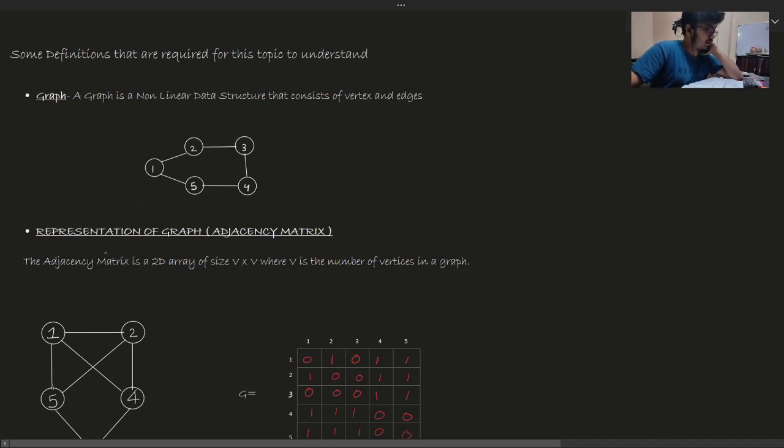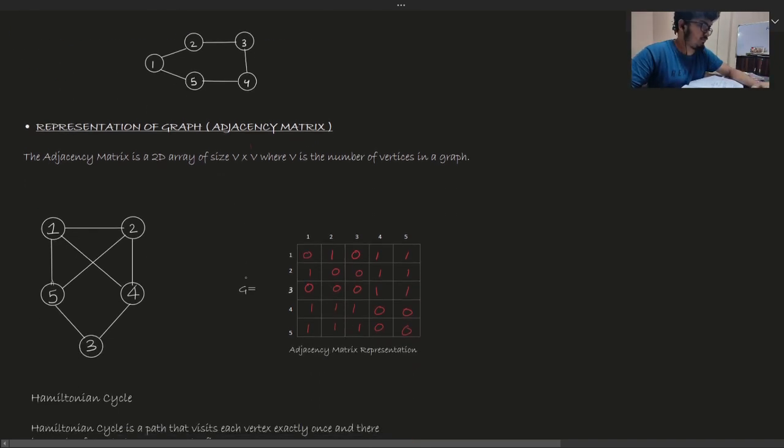For representing the graph, we have the adjacency matrix. An adjacency matrix is a 2D array of size V by V, where V is the number of vertices in the graph. Since we have 5 vertices, V is equal to 5.